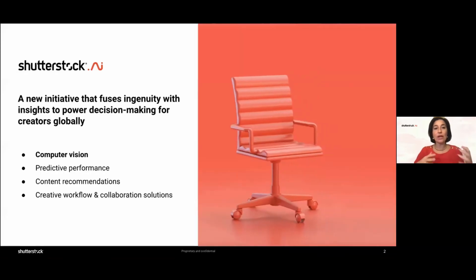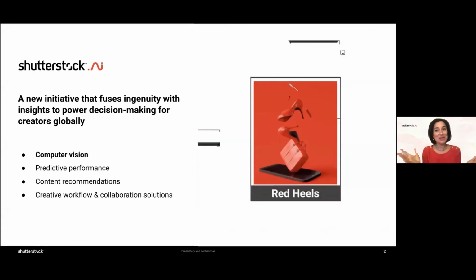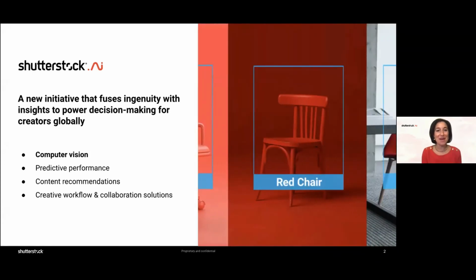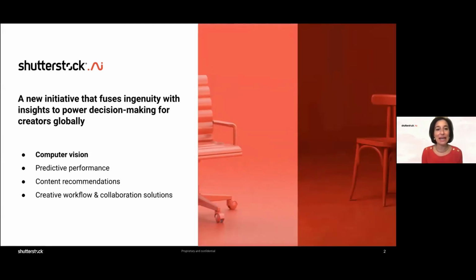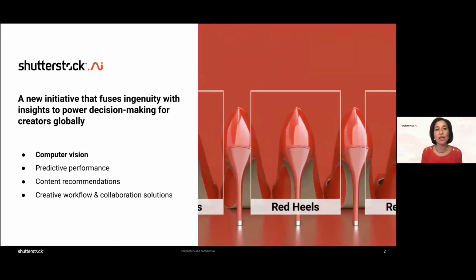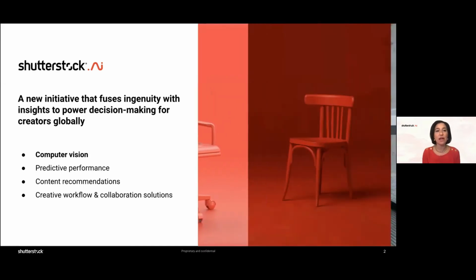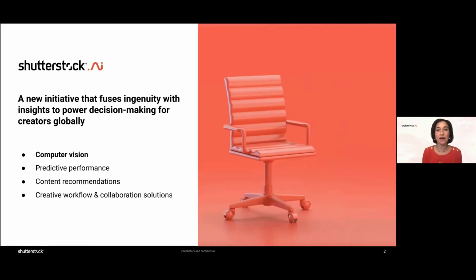But before I go into that, I joined Shutterstock last year in October, so it's my first year anniversary this month. We have built a team. I'll talk about that a little bit later. We have also launched Shutterstock AI, a new initiative that brings data and insight to the heart of its mission.